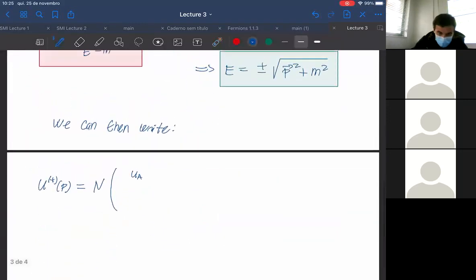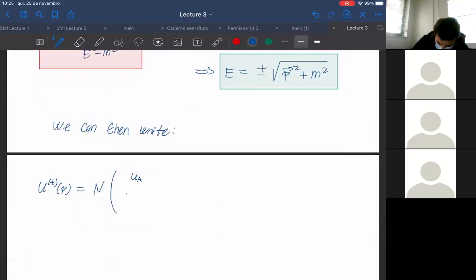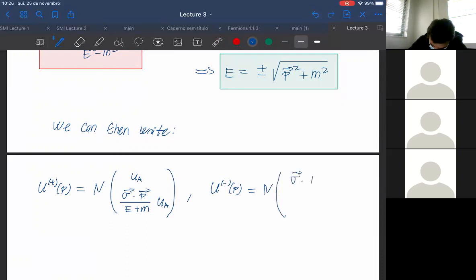And we get something that is sigma dot P over E plus M UA, that's the solution, and the negative energy solution U minus of P, which is going to be equal to the normalization constant times sigma dot P over E minus M UB, and here UB.